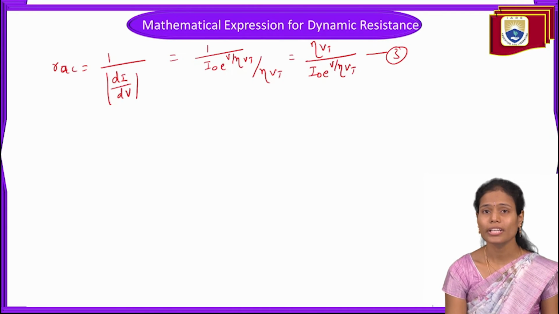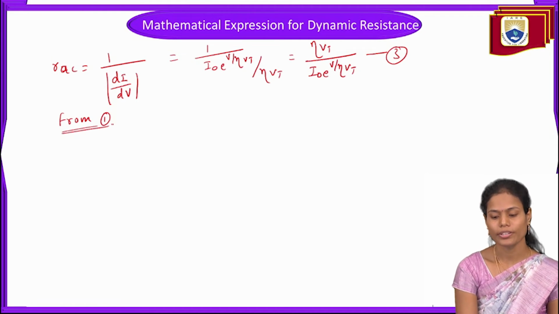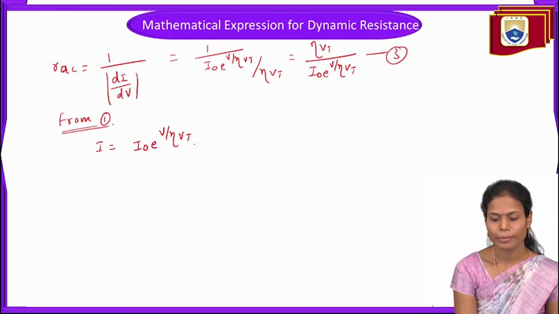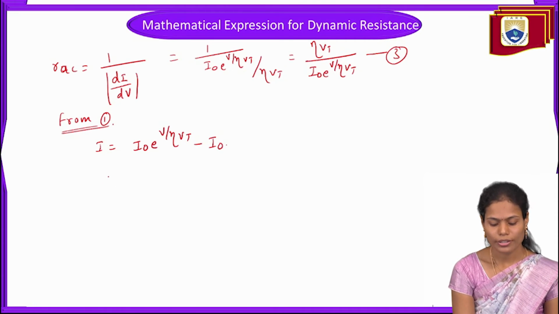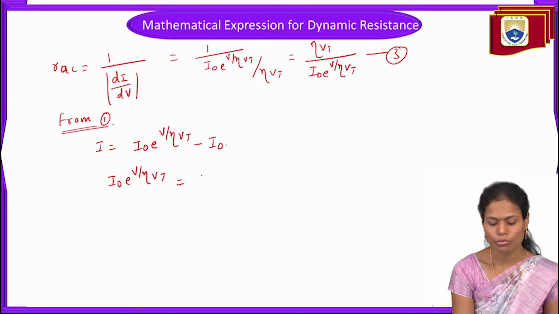But from the current equation we can also write, from the first equation, I equal to I naught into e power V by eta Vt minus I naught. So I can write I naught e power V by eta Vt is equal to I plus I naught.